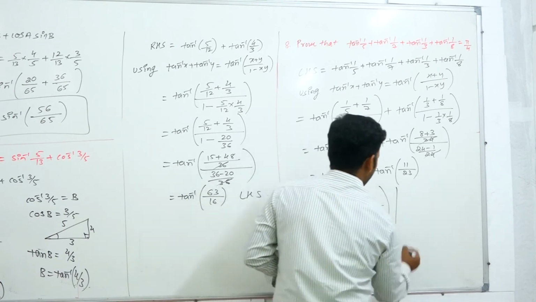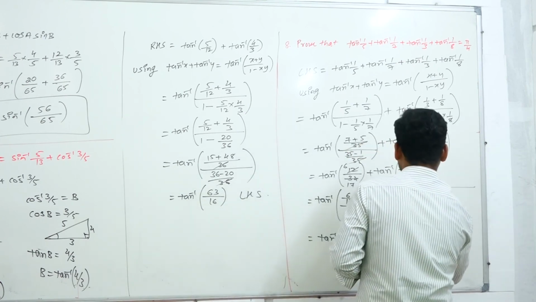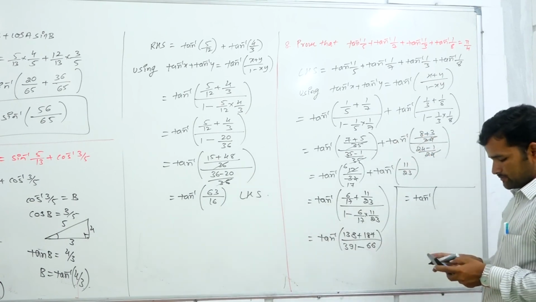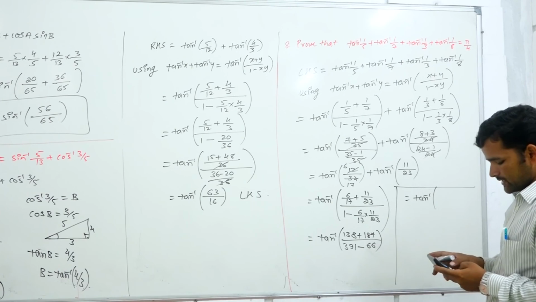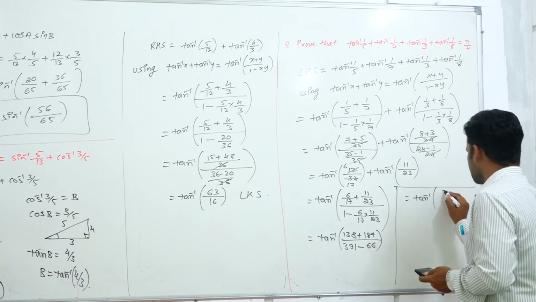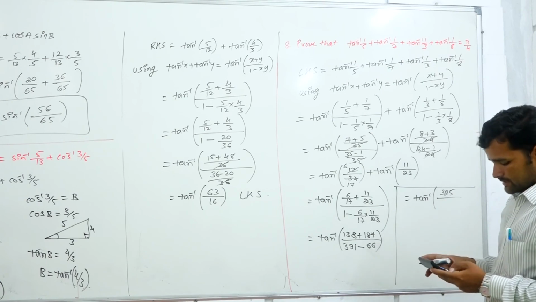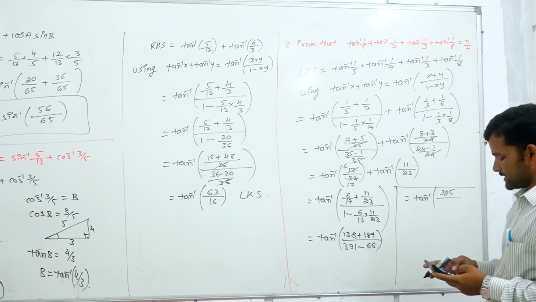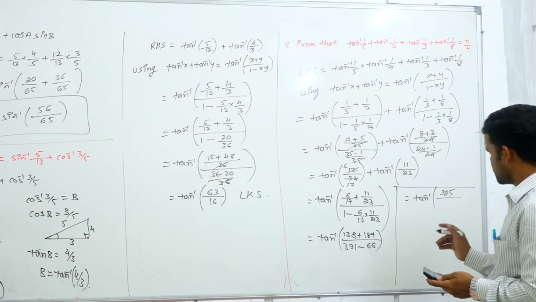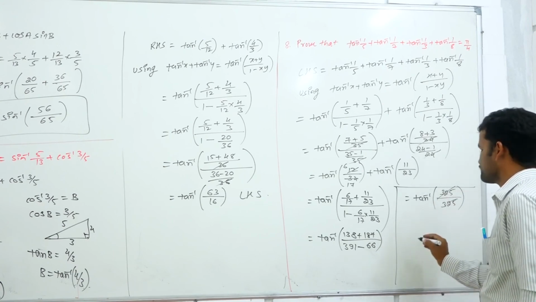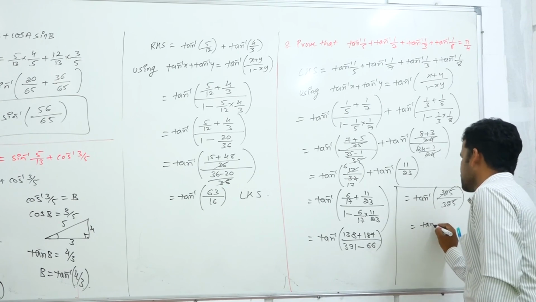We have tan inverse of 138 plus 187 is 325, divided by 391 minus 66 is again 325. 325 gets cancelled. Tan inverse of 1.